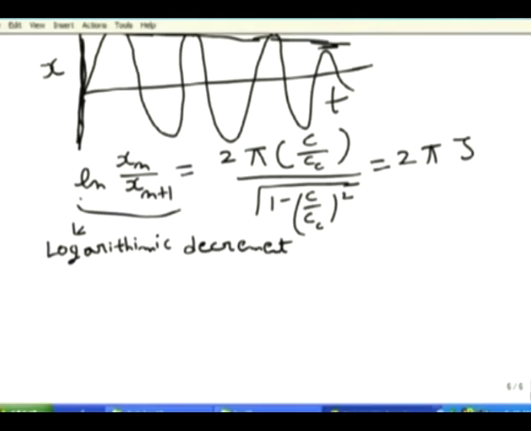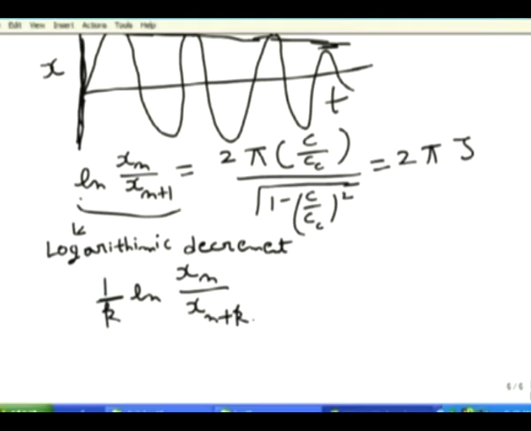Therefore, one can take the ratio of first and k plus 1th peak, or n and n plus kth peak, and then the logarithmic decrement will be 1 by k ln xn divided by xn plus k.